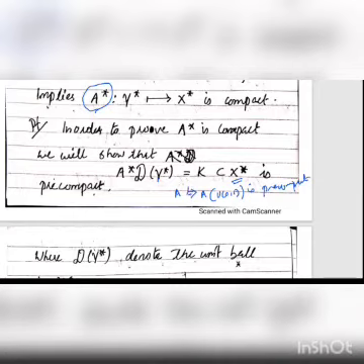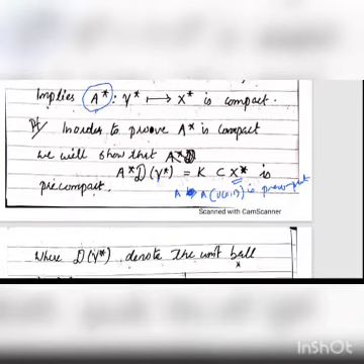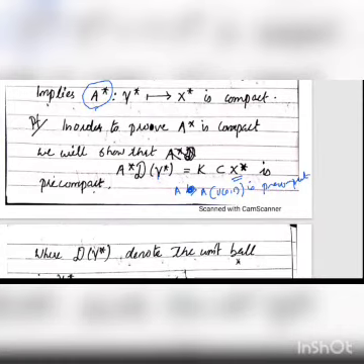It is in the reverse order, so whenever this occurs, we can say that A is compact. Now for proving this is pre-compact, we want to prove this is bounded and equicontinuous. So Arzela's theorem.